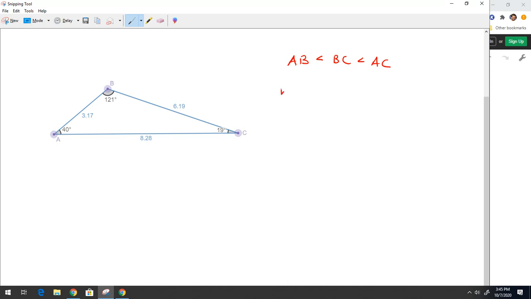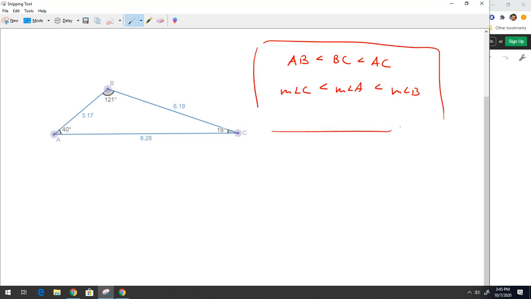That's the measure of angle C, and angle C is the smallest, followed by the angle not in BC, which is angle A, the next biggest, and then followed by the largest angle opposite of the longest side AC, which would be the measure of angle B, and it's true. So this is how you use a triangle and the lengths of the sides to order the angles and vice versa.